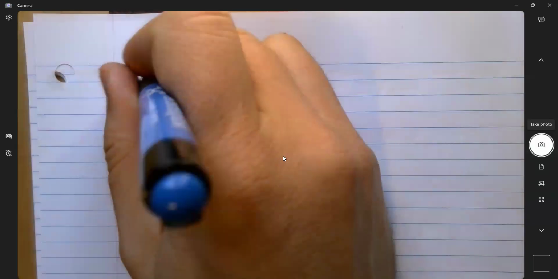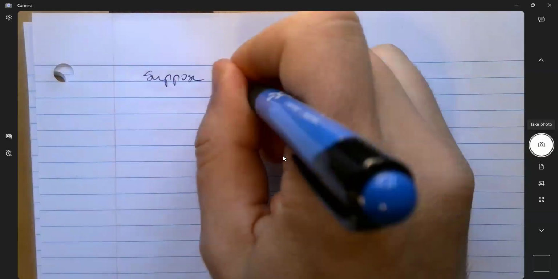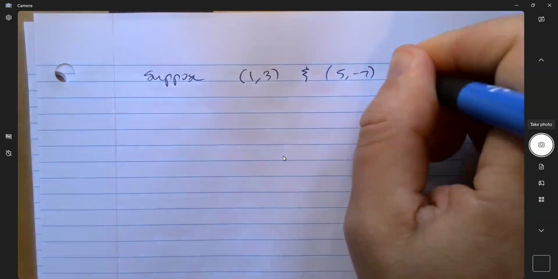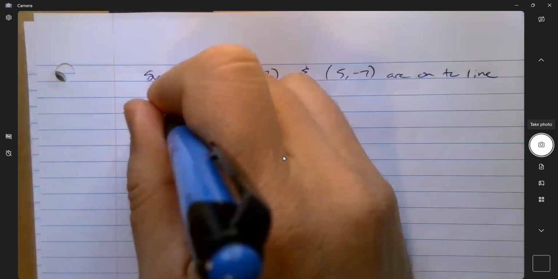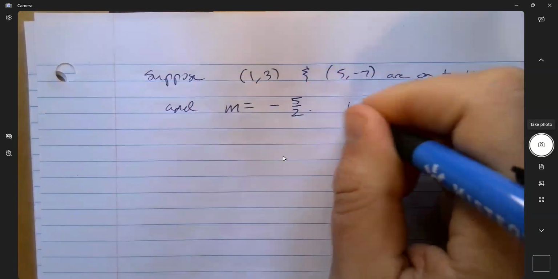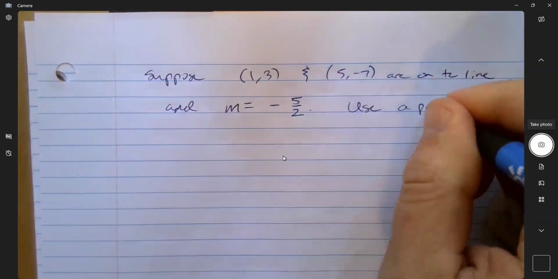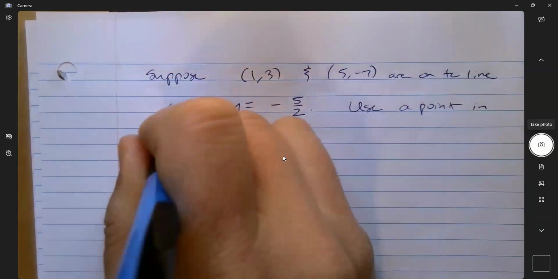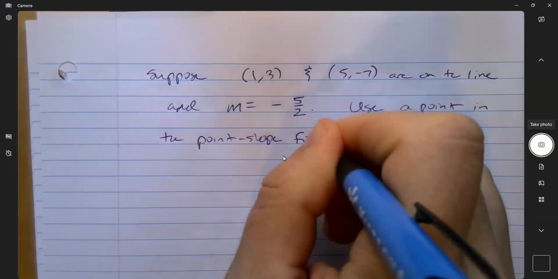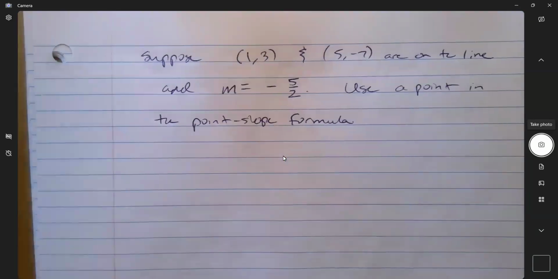However, this section gives you a different way. Suppose I know (1, 3) and (5, -7) are on the line, same as the previous page, and from that I find out the slope is minus 5 halves. I can use a point in the point-slope formula. Let's try it.